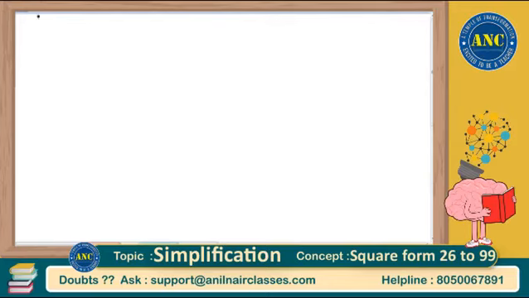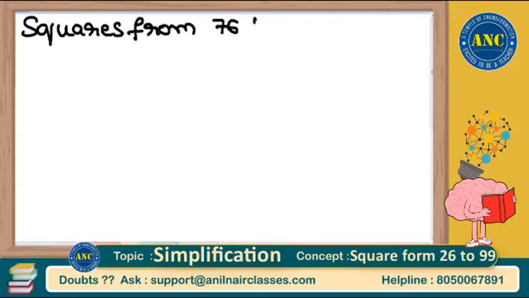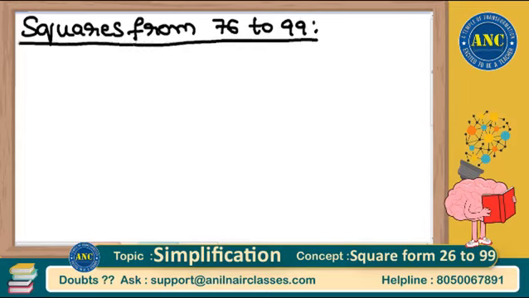Suppose for example, you need to find the squares from 76 to 99. Squares of numbers from 76 to 99.